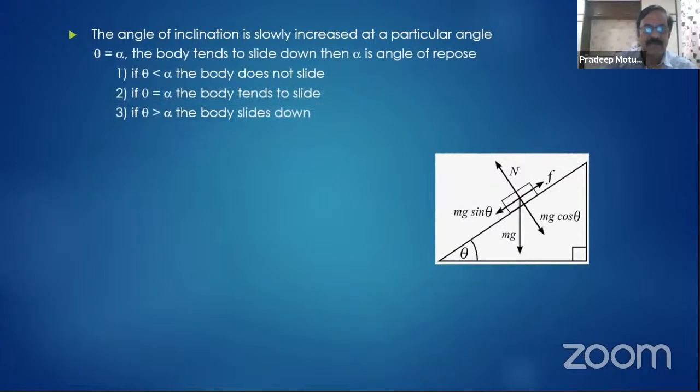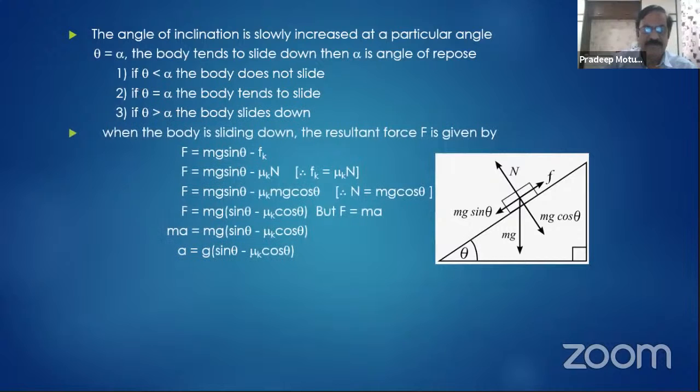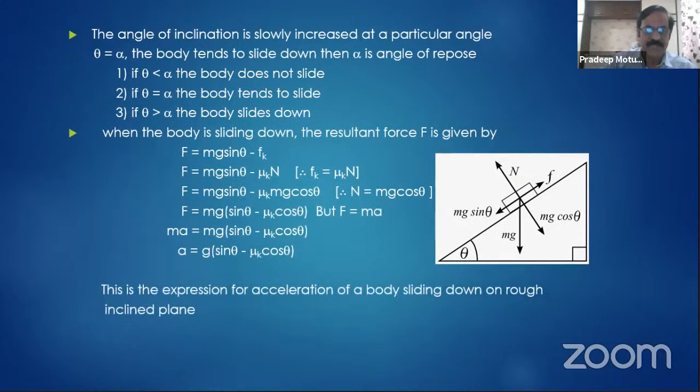Likewise, have a look. So this is the expression for acceleration of a body sliding down a rough inclined plane, that is a equals g sin theta minus mu cos theta.